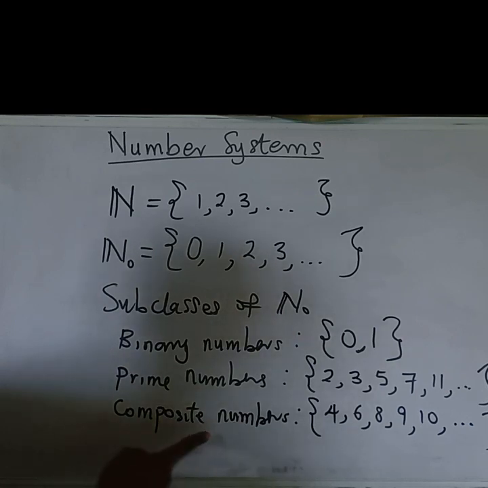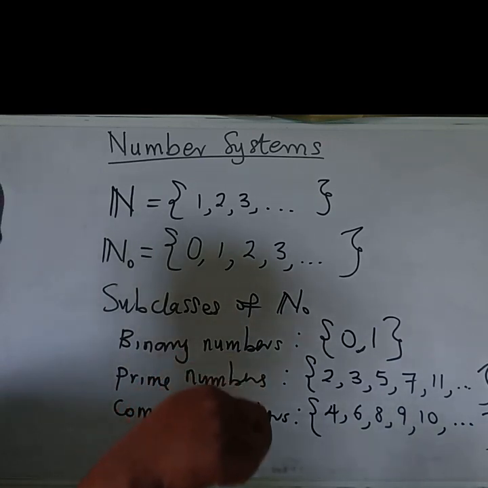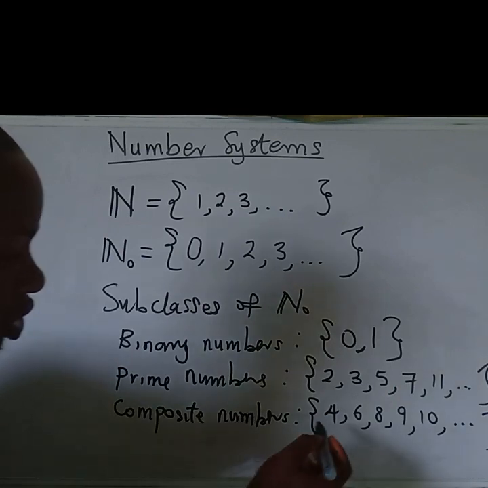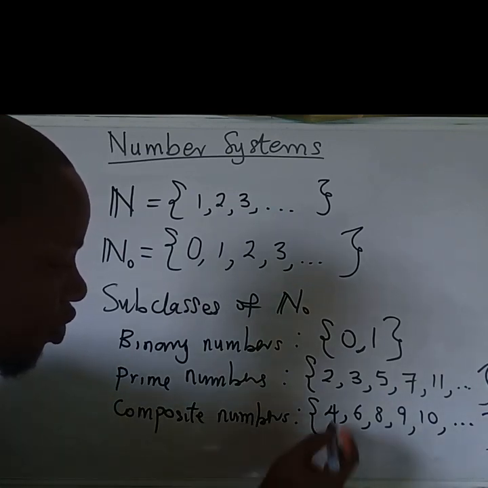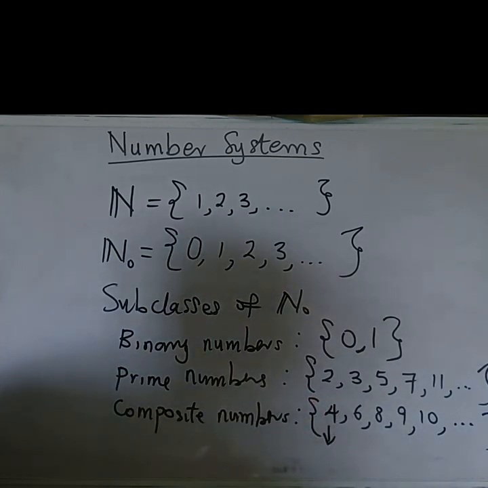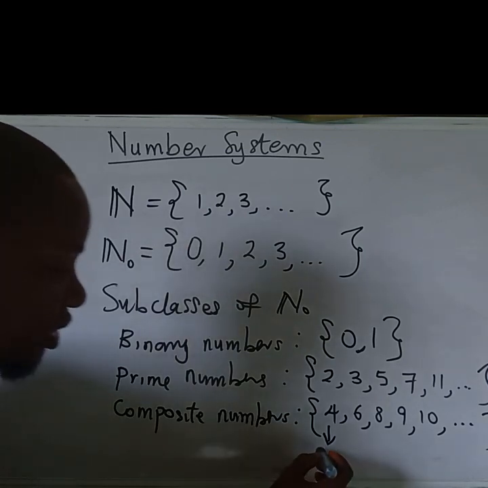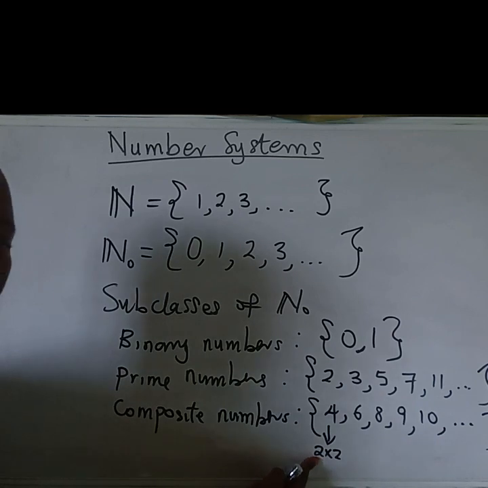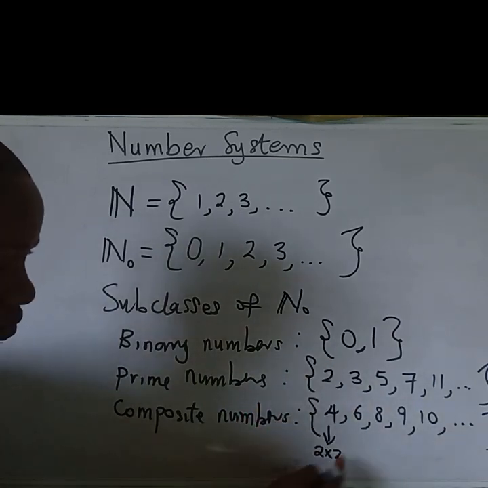In fact, a composite number can be broken down into at least 2 multiplicative numbers, and those numbers are usually prime. Let's take for example the number 4. It can be broken down into 2 times 2, where 2 is a prime number.